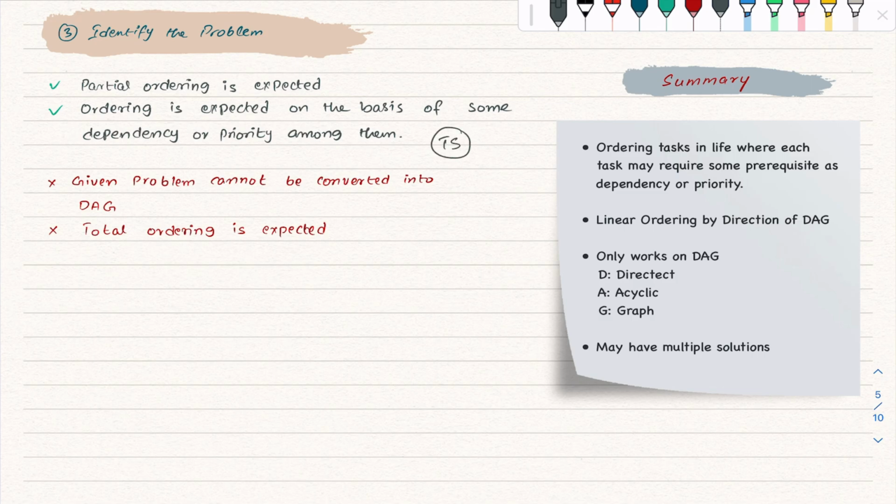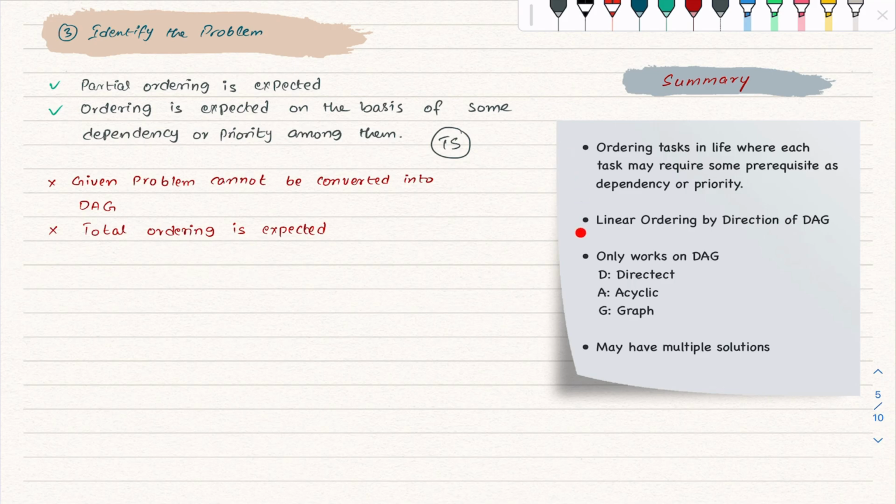And where we can't use topological sort: even if the problem looks like there is a graph and dependency, when the given problem cannot be converted into a DAG, because there are cycles, or there is no direction, for sure there is no chance we're going to apply topological sort. And where exactly total ordering is expected, a unique ordering they're asking for, we can't use it either. Here I have mentioned the summary, like most of the things that we have discussed before.